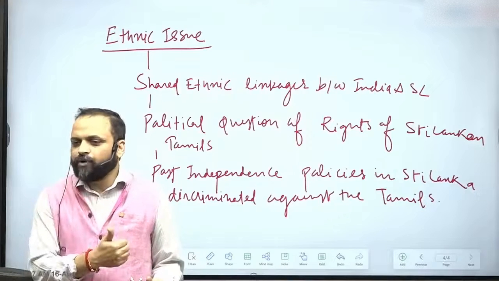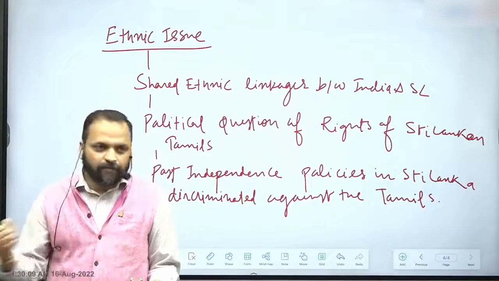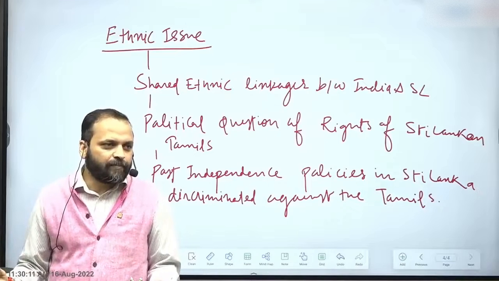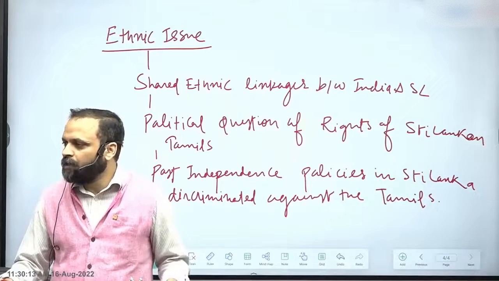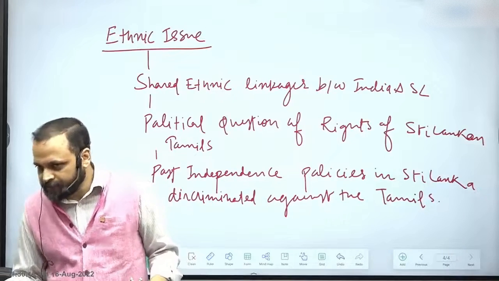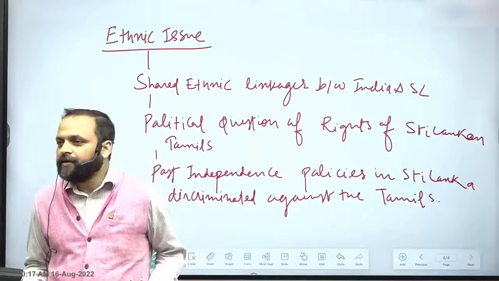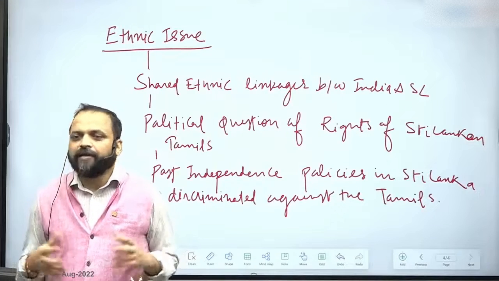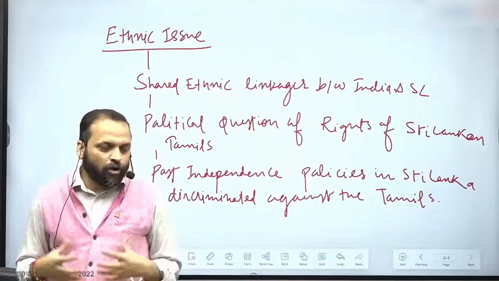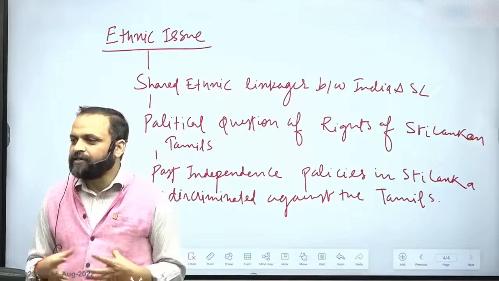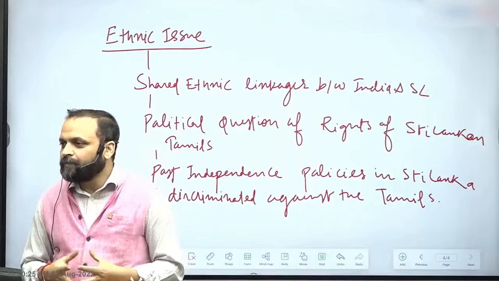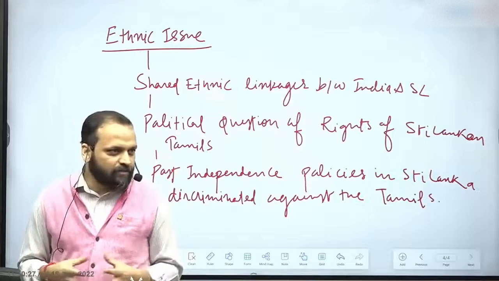Pakistan faced the same problem. How? When the Bengali speaking population demanded that they be given equal representation, equal rights. What did Pakistan do? Pakistan failed to accommodate this demand of diversity. And that's why what happened? Bangladesh was created.